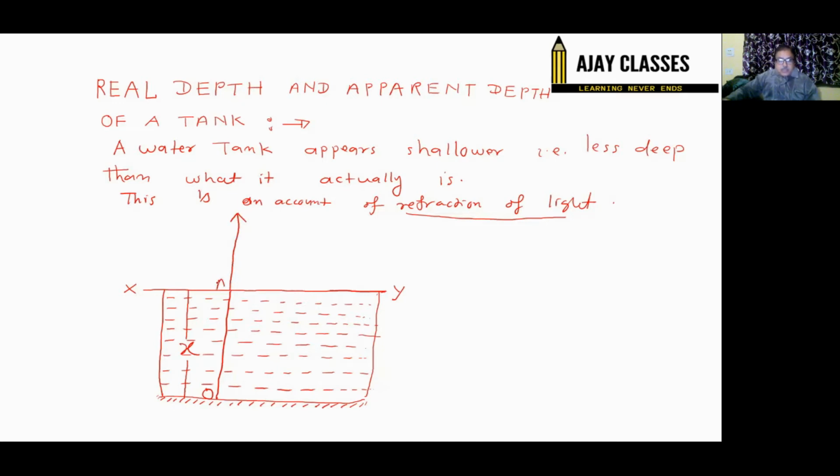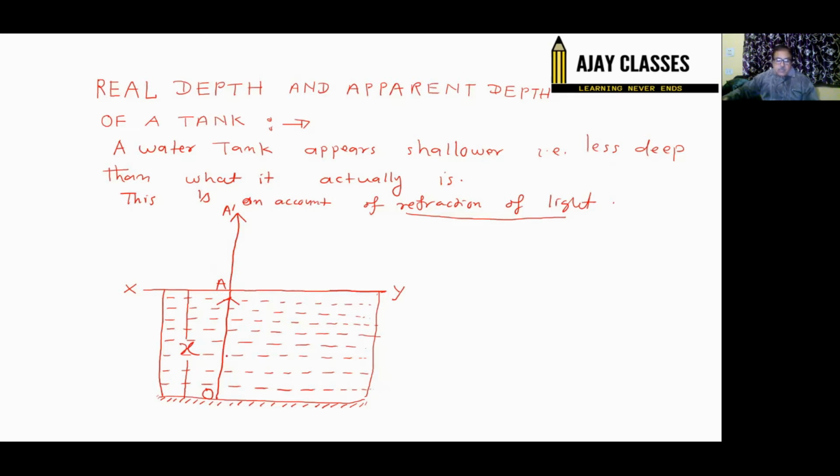A is the point on the surface of water, and the ray of light goes into the rarer medium up to the point A dash. And we give the arrow sign that shows the direction of travel of light from the water medium.